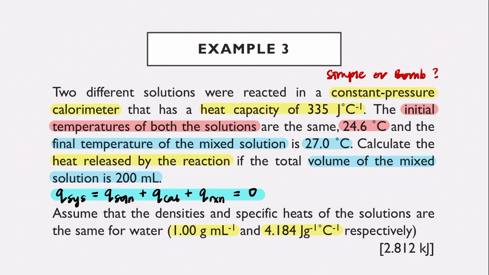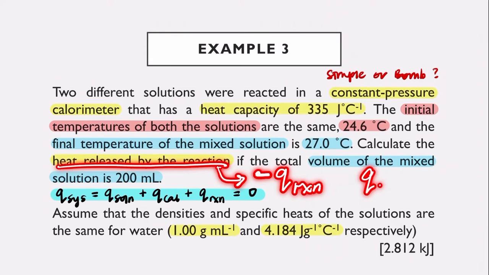The initial temperatures of both solutions are the same, 24 degrees Celsius, and the final temperature is 27 degrees Celsius. Calculate the heat released by the reaction. Not heat change but negative Q reaction. If it is Q reaction only, this is heat change. If it is heat release, it is like this. It has already taken the negative into account. Heat release.